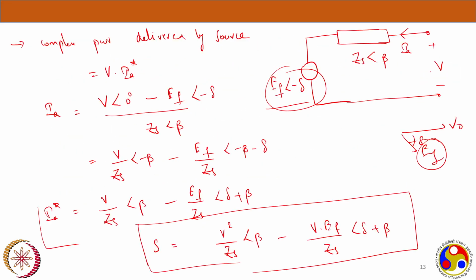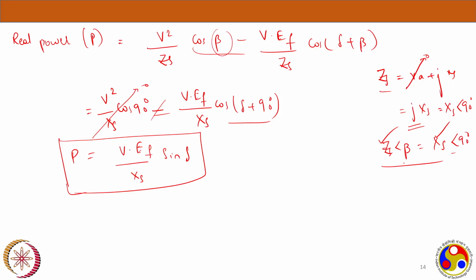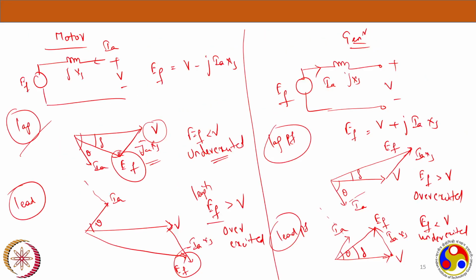We did a good derivation of the complex power of the motor in the lagging condition. The same derivation goes for all the motor and generator, leading and lagging conditions; you can just recreate it, as I discussed it for one condition. Then we had a good comparison of motor and generator phasor diagrams for the four conditions, and how lagging and leading loads and their corresponding phasor diagrams look like.